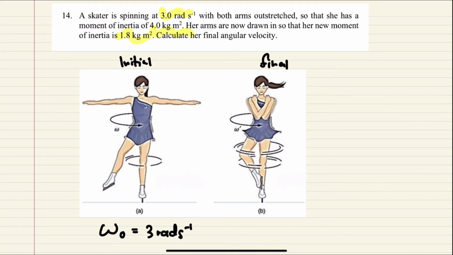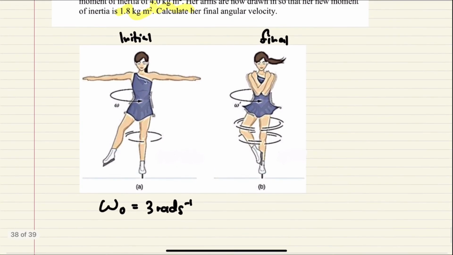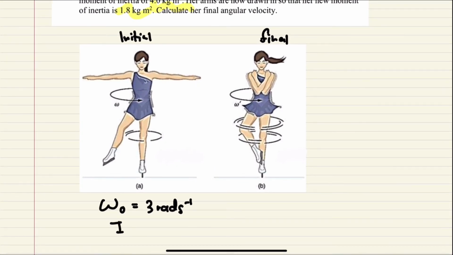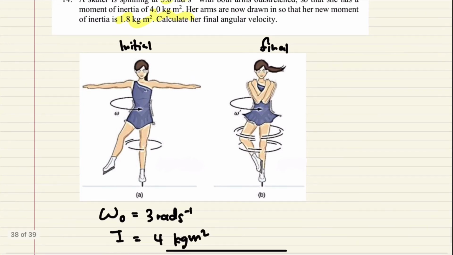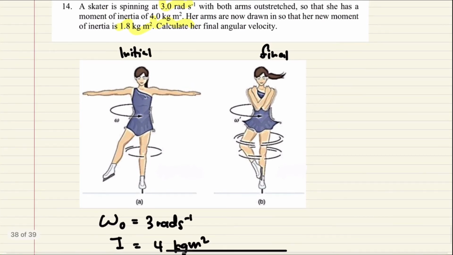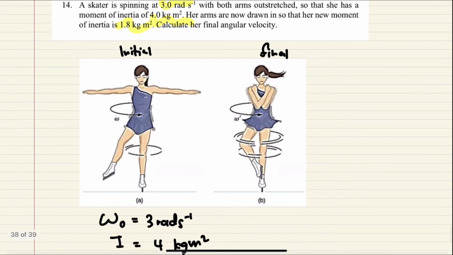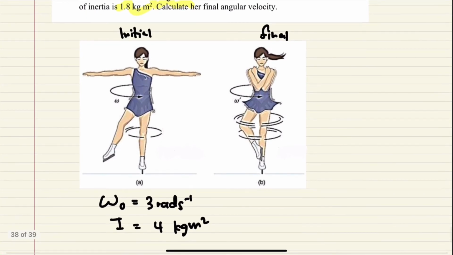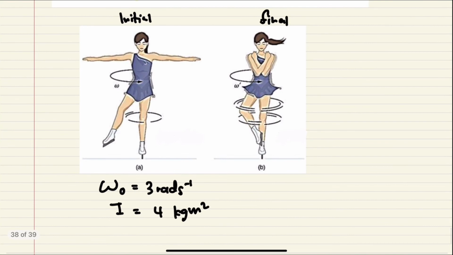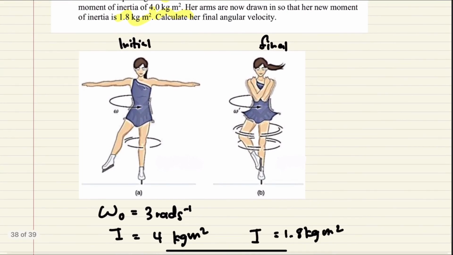The moment of inertia initially when the arms are outstretched is 4 kg m square. So that is the I, moment of inertia. Her arms are now drawn in so that her new moment of inertia is 1.8. Calculate her final angular velocity.